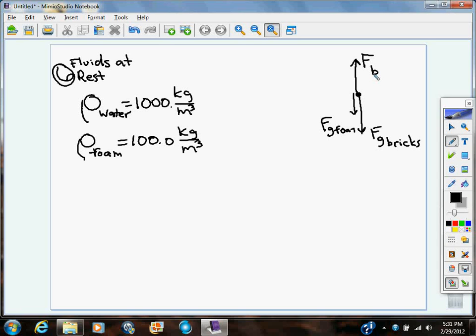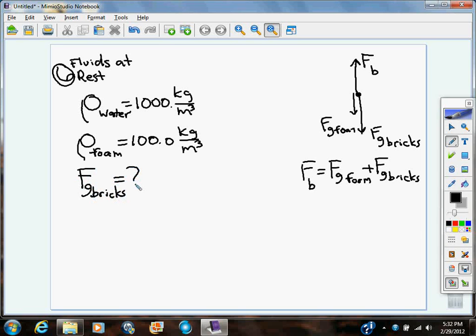So in this case, what I need is that the buoyancy force, in order for this to be in equilibrium, F sub B is going to be equal to F sub G of the foam plus F sub G of the bricks. So if I'm going to find out how many bricks, or what's the weight of the bricks I can put on this foam with only having the foam barely submerged, that's what I'm looking for, is that weight.